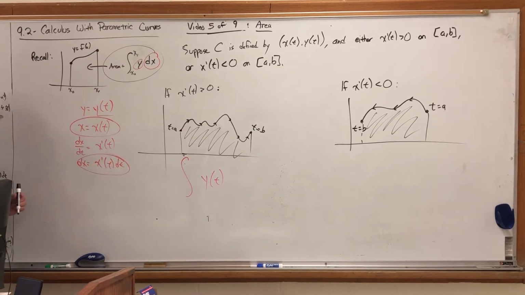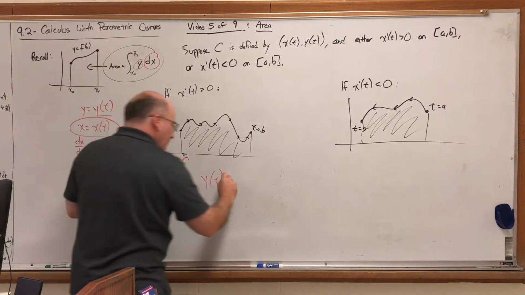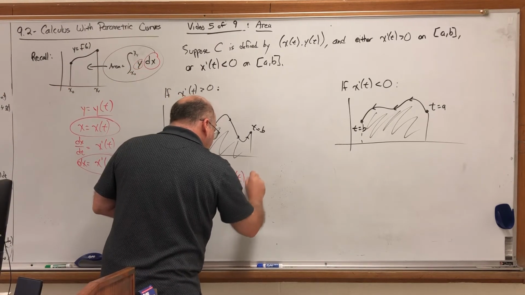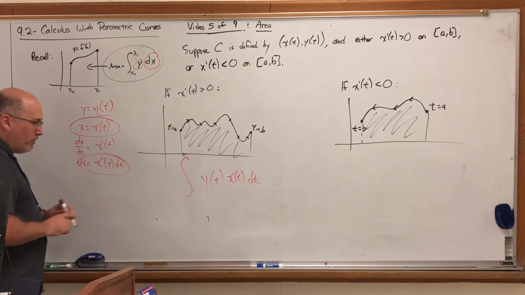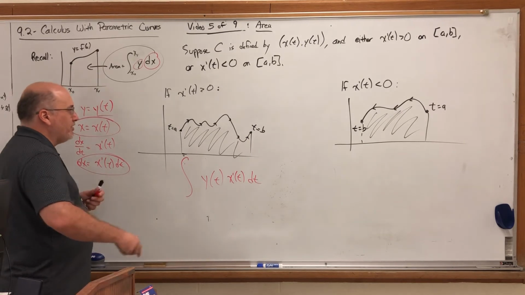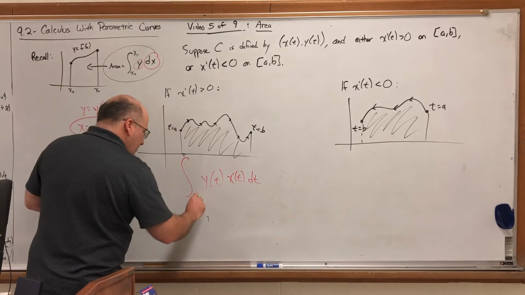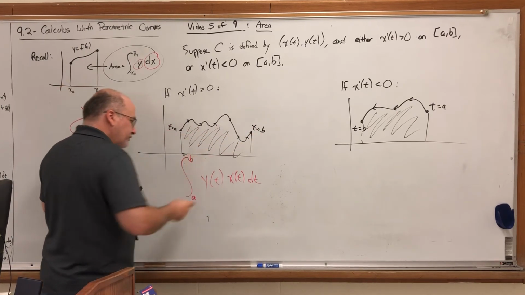So this would go in for the place of the dx. This dx would become all that, x prime t dt. And since we're integrating with respect to t, we need to integrate from the leftmost t value to the rightmost t value. The leftmost t value is a, the rightmost t value is b.